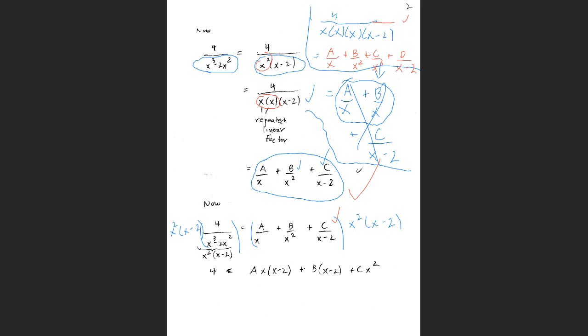And then I'm going to do the necessary simplification. I'm going to get 4 on the left, and then all these terms on the right.